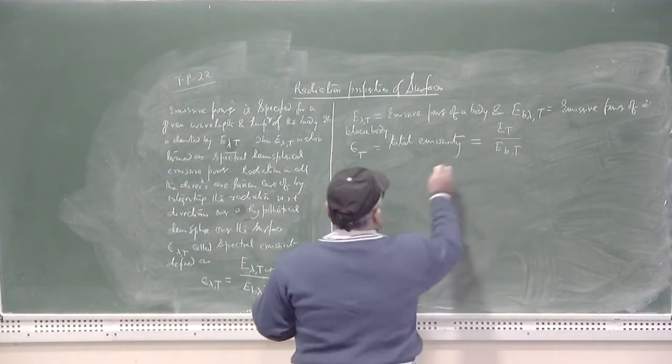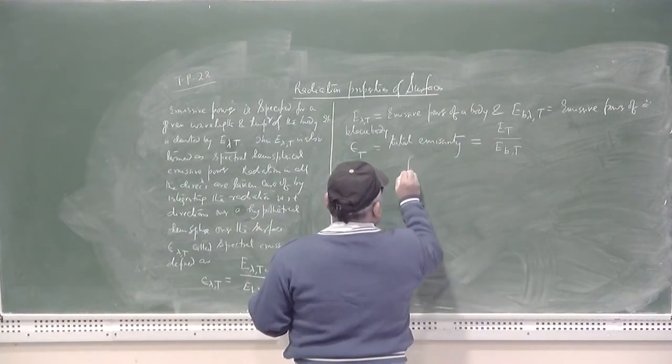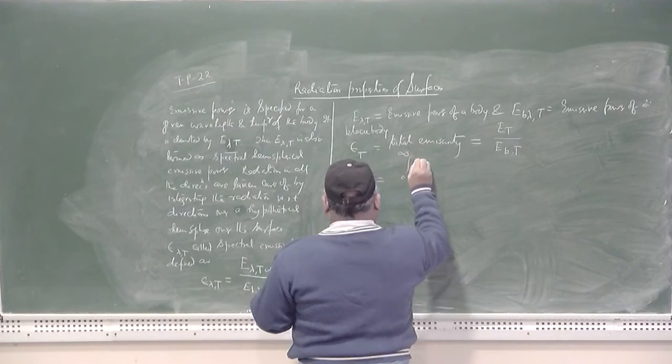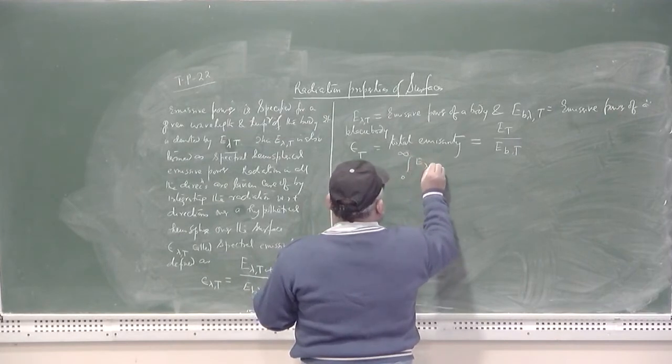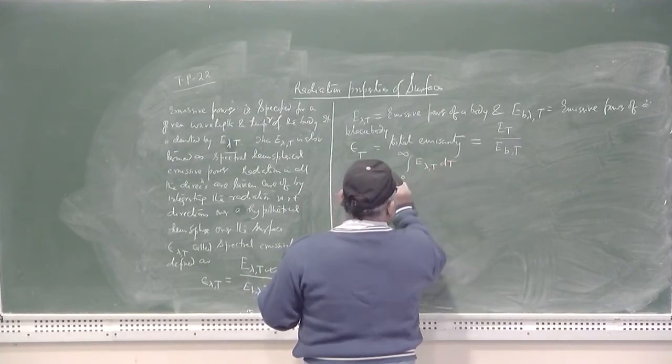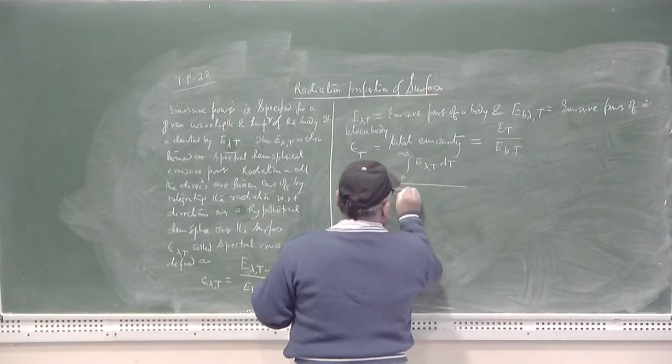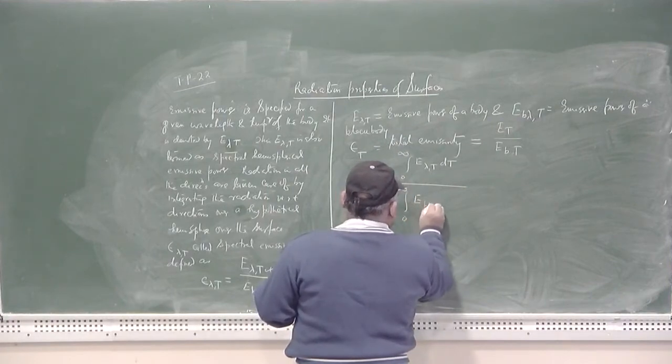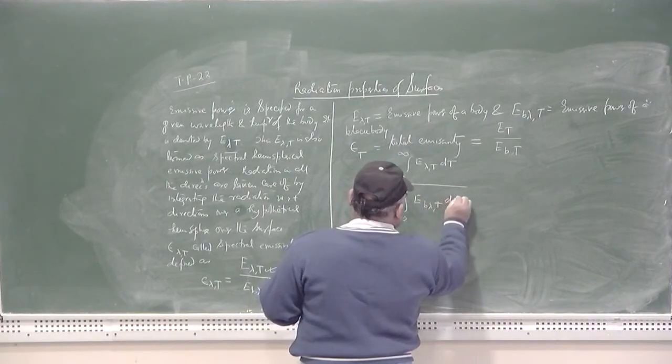So further it can be written as epsilon t equal to the integration from 0 to infinity of E lambda t d lambda, divided by the integration from 0 to infinity of E b lambda t d lambda.